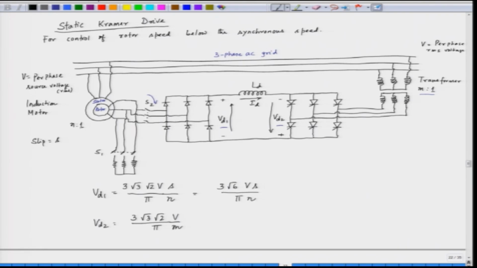So, this is a controlled rectifier. So, what we have here is a controlled converter. Since we have a converter and this is a rectifier, we have to multiply with cos alpha. Alpha is the triggering angle, or the firing angle, of the converter.